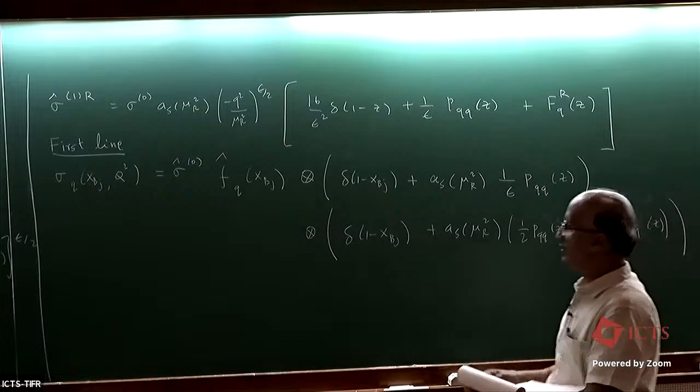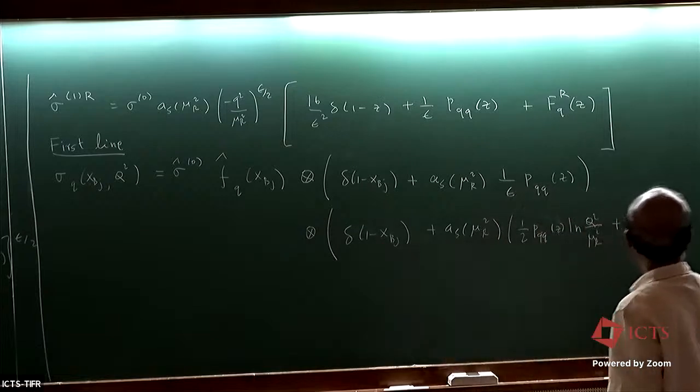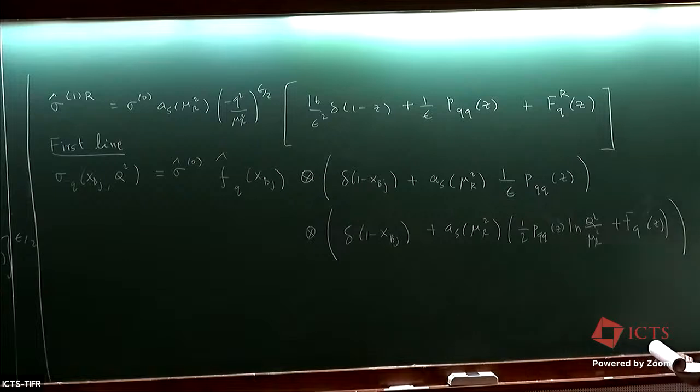I've written something here, and I just wanted to tell you what this notation means. Suppose I have f of z and g of z. This simply means the integral dy by y from z to 1 of f of y times g of z by y.